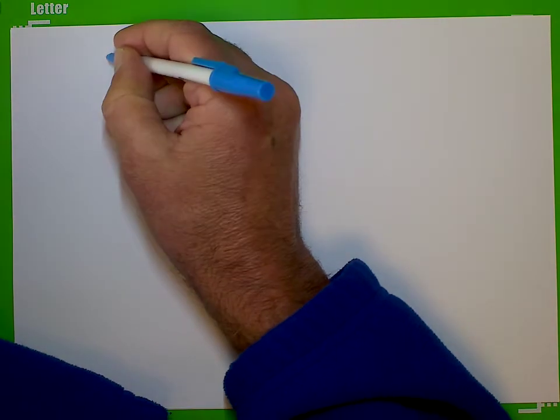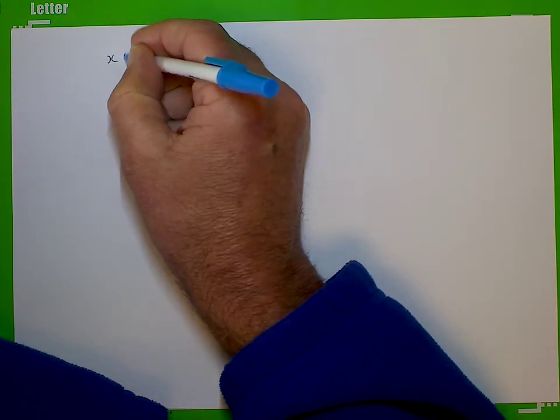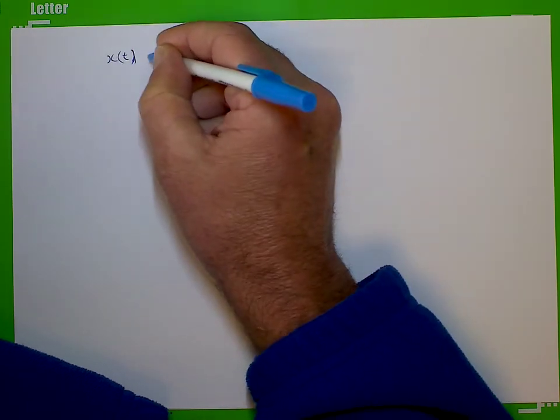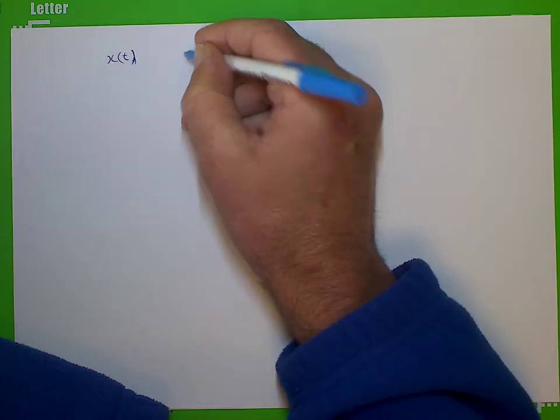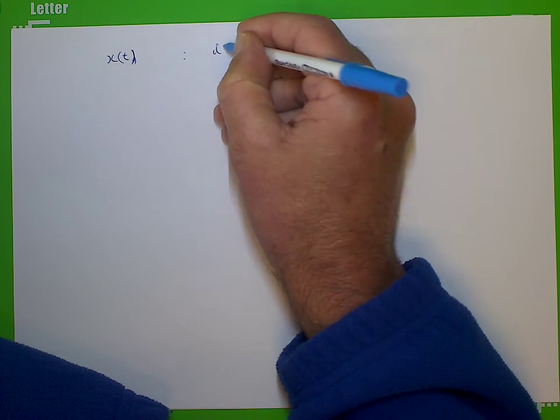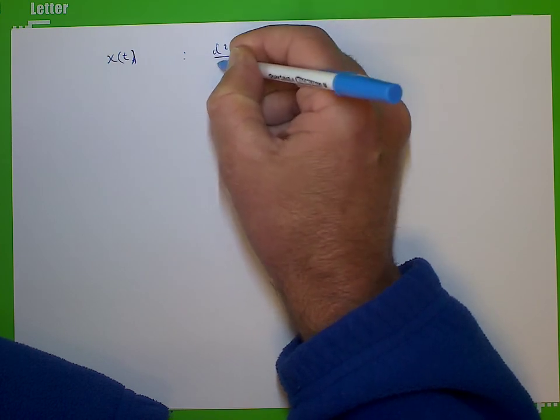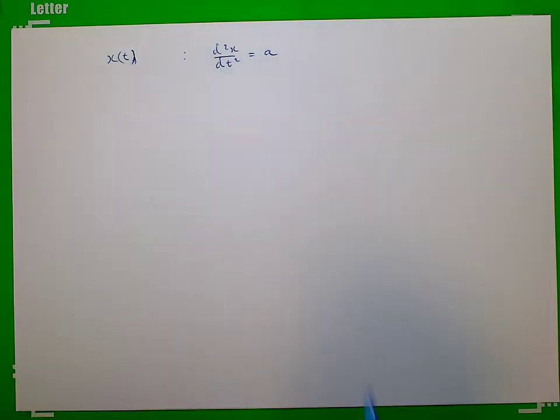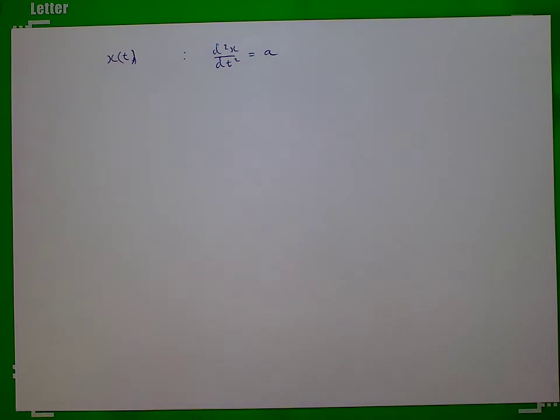You have a function x of t, alright, and what we want is it to satisfy the following. We want d squared x dt squared is equal to some constant a. And let's solve this differential equation.